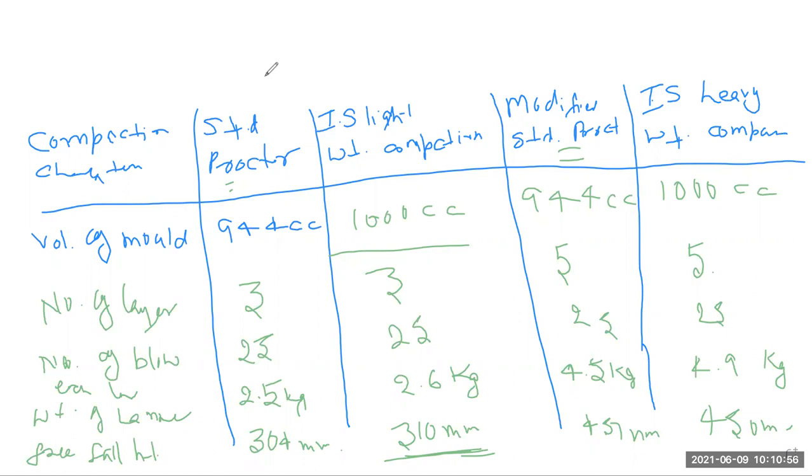The water content mixed is 4 to 10%: one time 4%, second time 6%, third time 10%. We also calculate the density corresponding to each water content, and draw a graph between density and water content. So we get this type of graph.